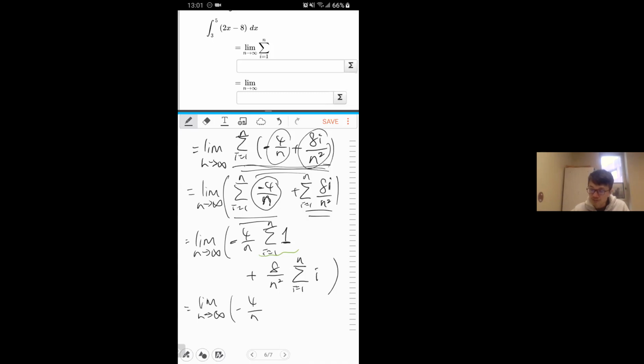So I have n of them. This is the first one. Second one, what is the sum of i, i goes from 1 to n? In other words, I'm asking what is 1 plus 2 plus 3 plus 4 plus all the way up to n?